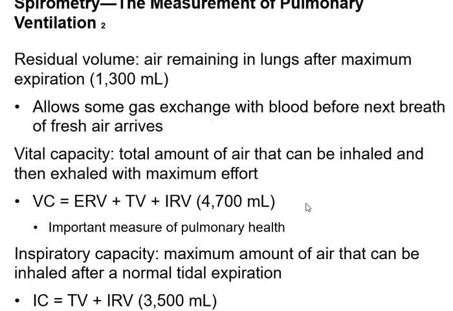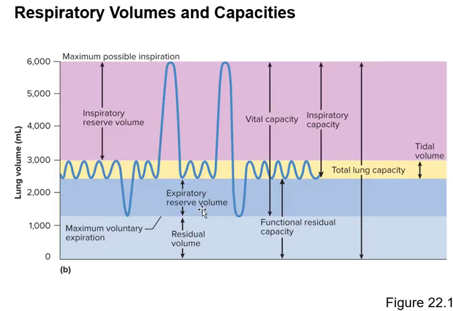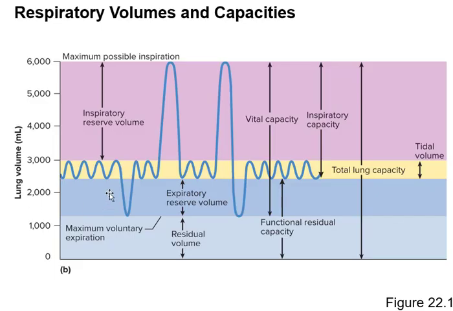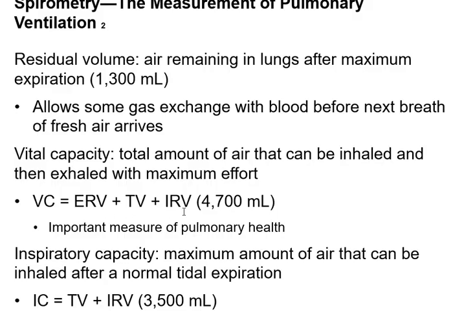If you look at this slide, it just looks like a bunch of math, and so I think the graph does a whole lot better than looking at these formulas. But vital capacity would be the expiratory reserve volume, and the TV, tidal volume, and the inspiratory reserve volume, which is about 4,700.